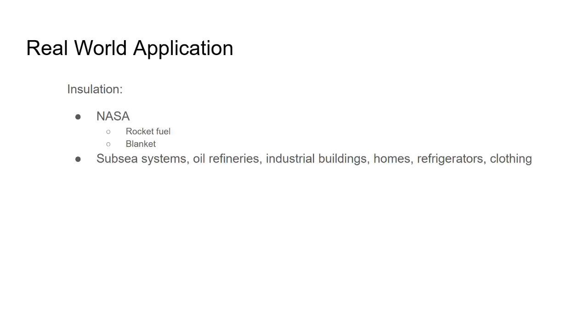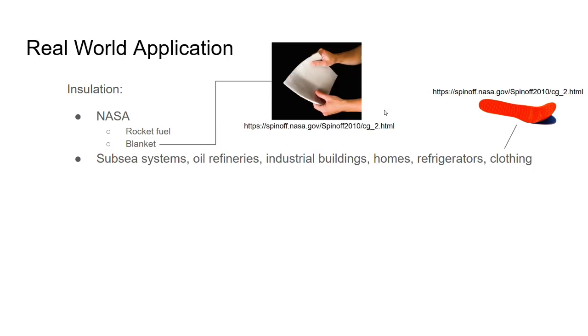For example, NASA uses aerogel in order to keep rocket fuel at cryogenic temperatures. And other areas this property has been useful is in subsea systems, oil refineries, industrial buildings, homes, refrigerators, and even clothing. For example, jackets, or this shoe insert to keep your feet warm in the snow. NASA also created the first practical flexible aerogel blanket in the 90s.